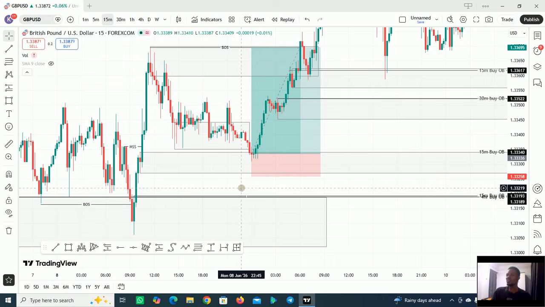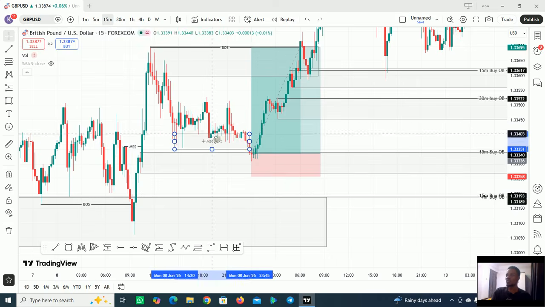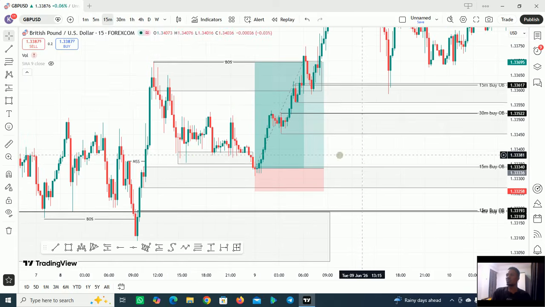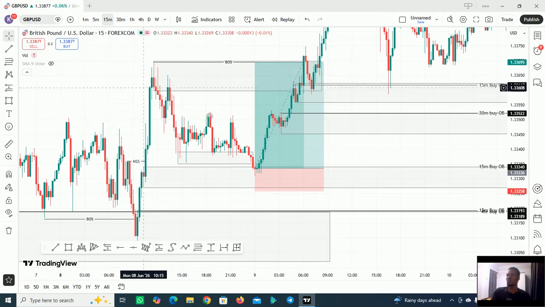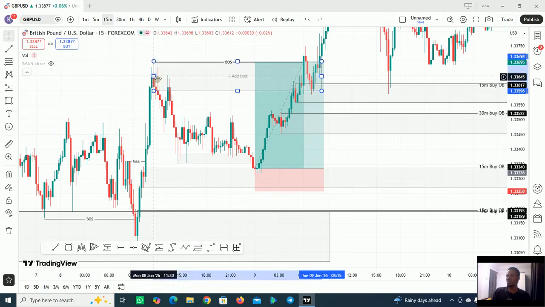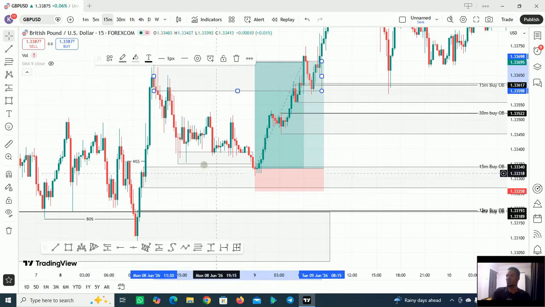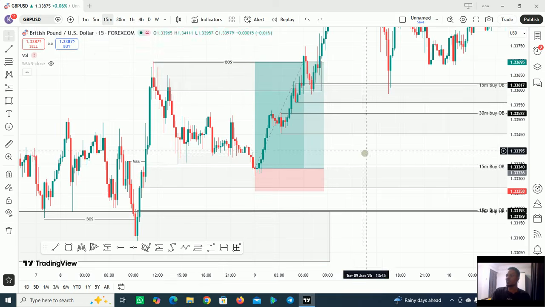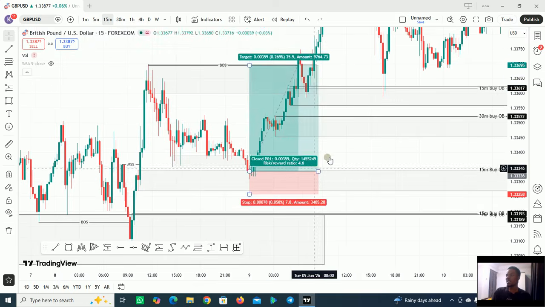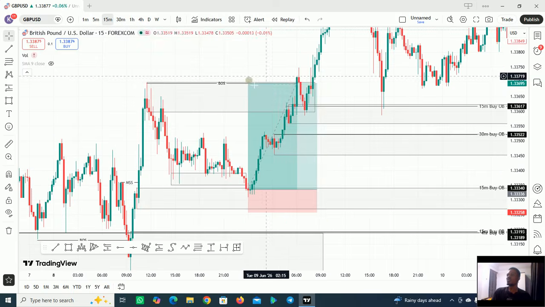And we also have sellers induced too. There are a lot of sell orders right here. So price came to induce buyers, then after taking the buy side liquidity, price still came to take the sell side liquidity too.